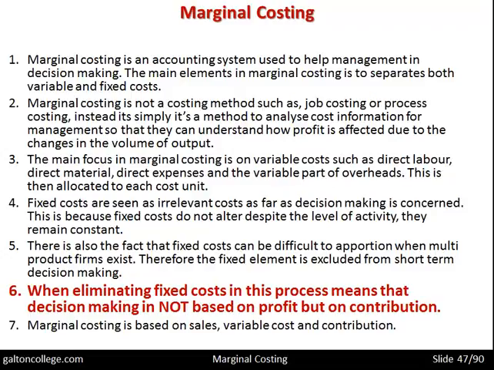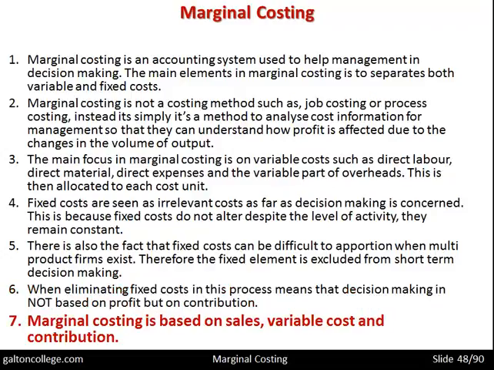The overheads will have been apportioned and met and paid for. Now the contribution will start to generate a profit. Marginal costing is based on sales, variable costs and contribution, and that's what we should bear in mind. It does not deal with fixed costs. So fixed costs are not relevant in this case.